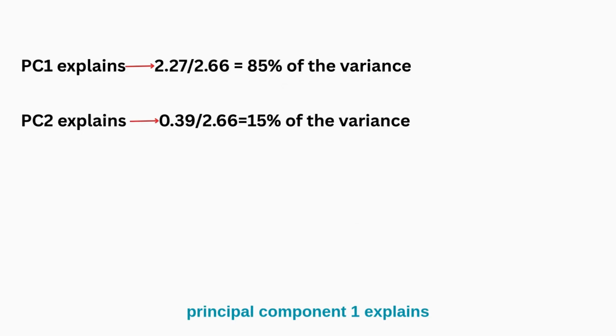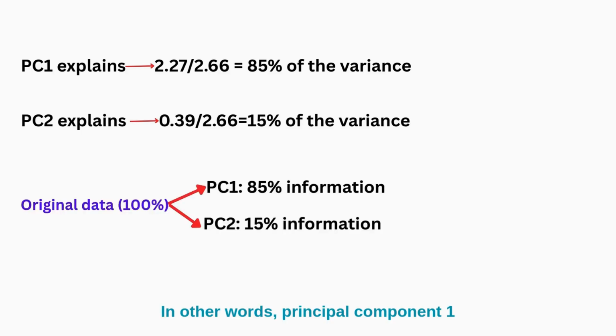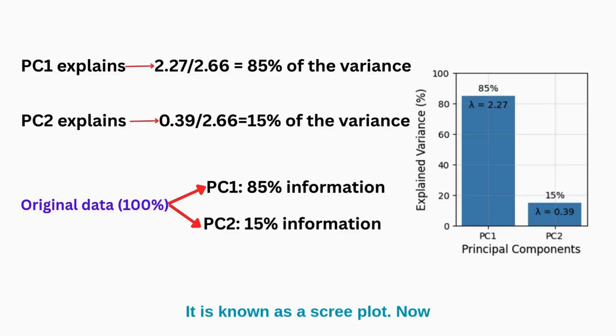So here principal component 1 explains 85% of the variance. Principal component 2 explains 15% of the variance. In other words, principal component 1 retains 85% of the information from the original data and principal component 2 retains 15%. We can plot these eigenvalues. It is known as a scree plot.